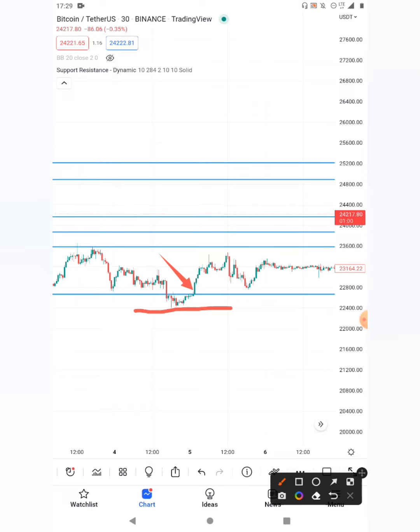The whales were gathering liquidity at that area, because there's actually a breakout, a false breakout, which they originated. They make it happen. They make a breakout false.